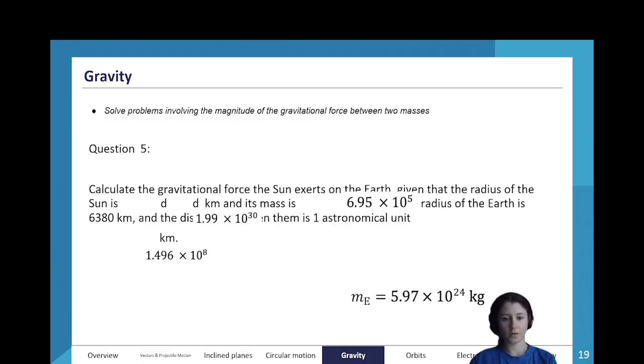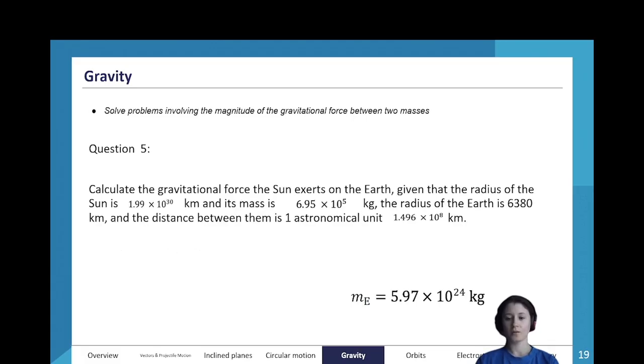So, let's get on to a question. For this question here, we need to calculate the gravitational force that the Sun exerts on the Earth, given that the radius of the Sun is 1.99 times 10 to the 30 kilometers, and its mass is 6.95 times 10 to the 5 kilograms.